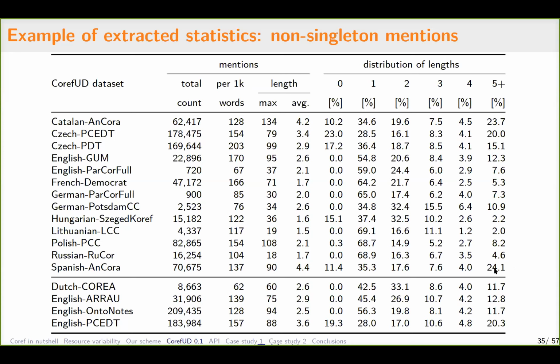Like 1 out of 4 mentions in Spanish is 5 tokens or longer. But I would say that this is the consequence of the annotation, not the difference between languages, of course.